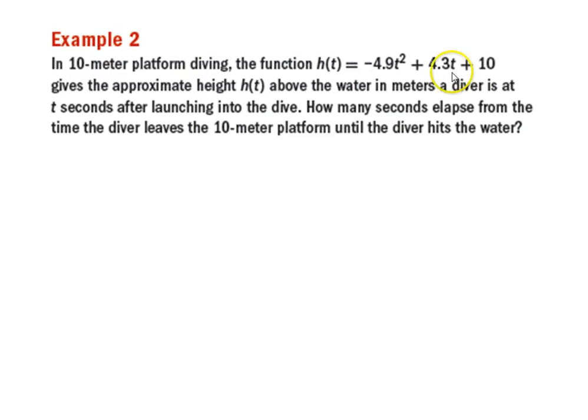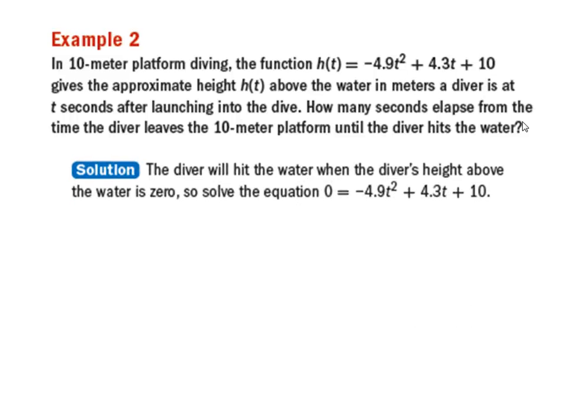But we want to know, when will the diver hit the water? Well, if the diver hits the water, how high is the diver from the water? The diver would be 0 feet above the water, or 0 meters above the water in this case, because we're measuring in meters.